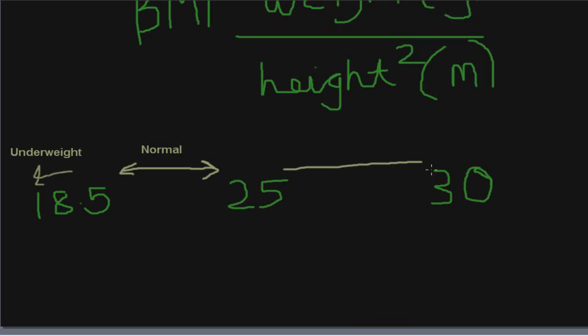If it's over 25 though, then you're gonna be overweight, and if you're extremely overweight, above 30, then you're obese, and I'll just write that in like that. Obese. And obesity, which is the noun for that, obese is an adjective, but what obesity can do, it can cause extremely bad health problems.